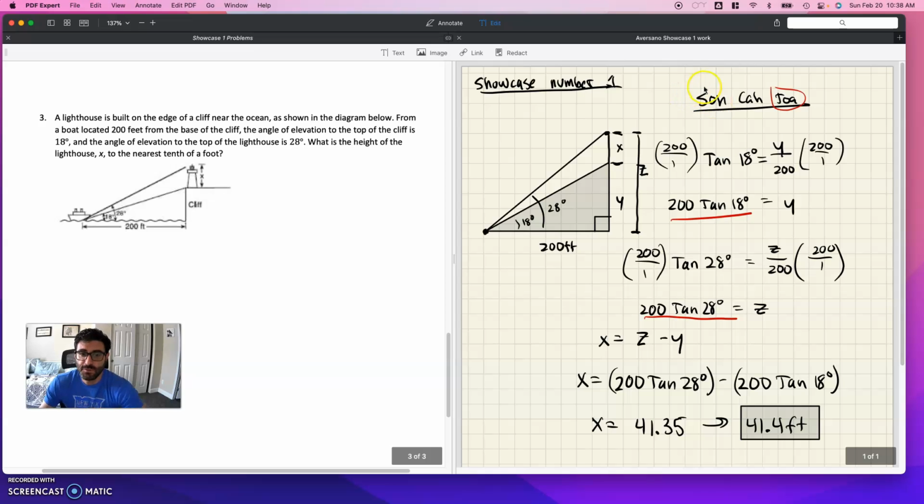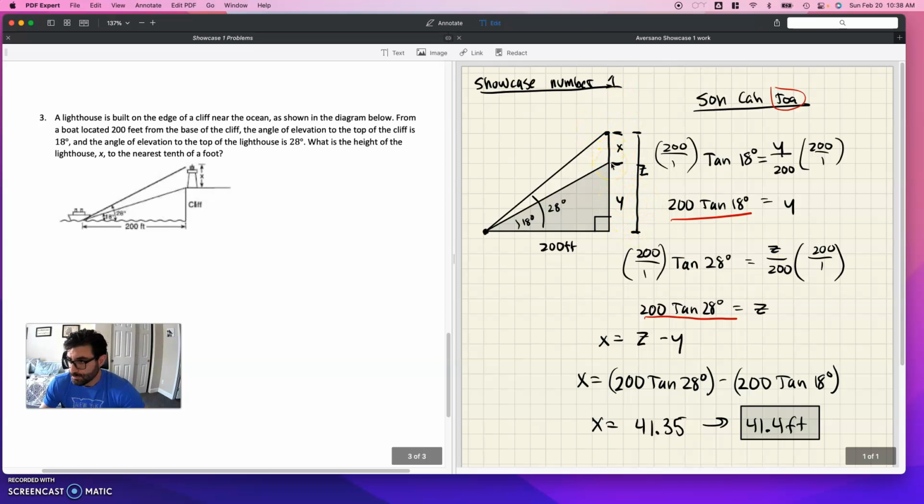Whenever I do a problem like this, I always write SOHCAHTOA first because it's incredibly easy to mess things up. I draw myself a little picture here, replicating what I see in the diagram, but I don't need the picture of the lighthouse. I can just use a vertical line, and it allows me to annotate it better with some other variables that I find helpful.